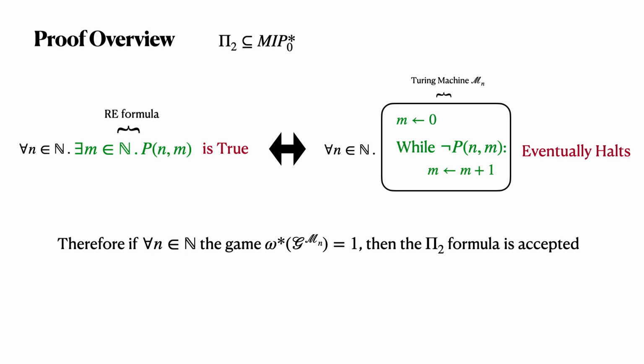The pi2 predicate states that for all n there exists m such that P evaluated at n and m is true. For every n, we can construct a Turing machine Mn such that it halts if and only if P evaluated at n and m is true for some m. Now we can replace this Turing machine Mn with the halting game GMn. So the pi2 formula is equivalent to saying that for all n, the value of the game GMn is 1. So we eliminated the existential quantifier.